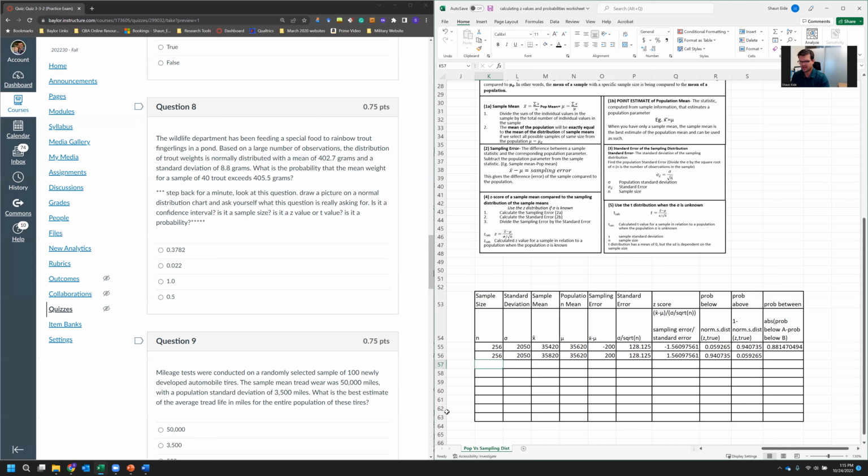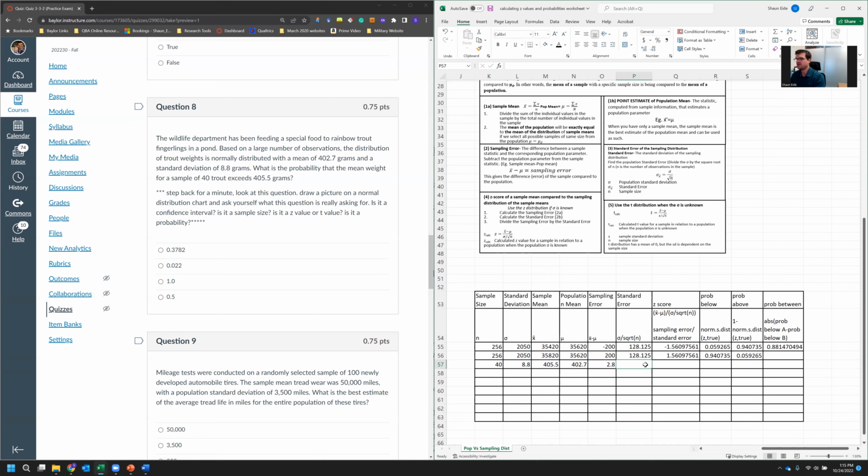And so the sample size is 40. The standard deviation is 8.8. The sample mean is 405.5. The population mean is 402.7. And then we have the sampling error.